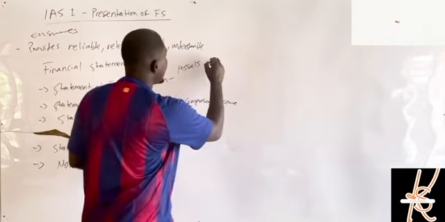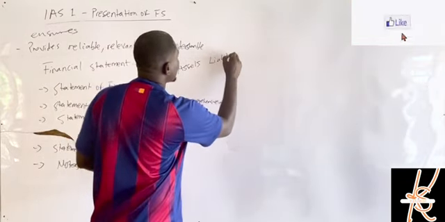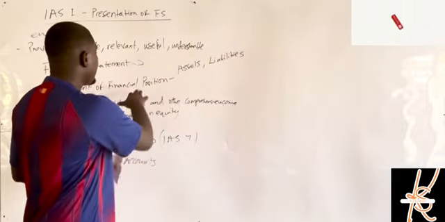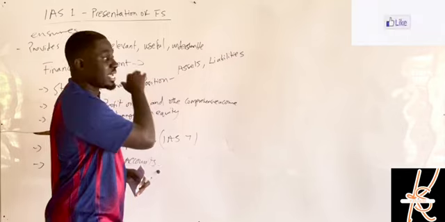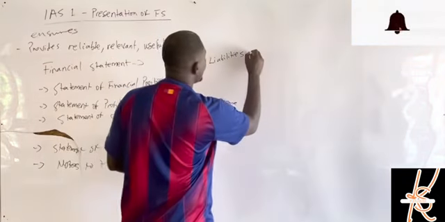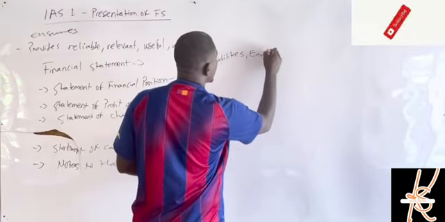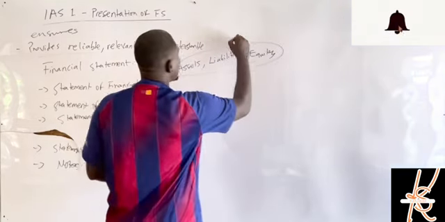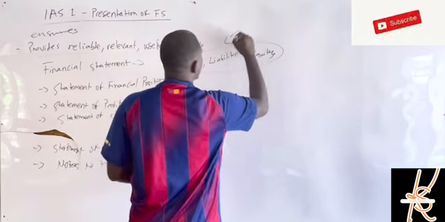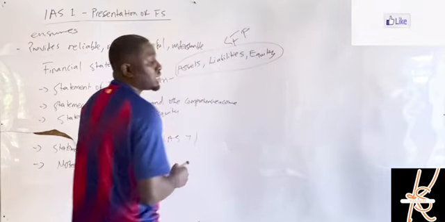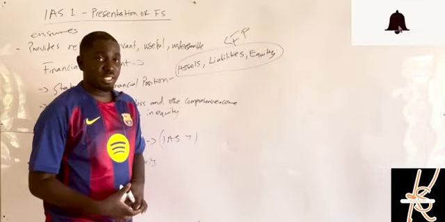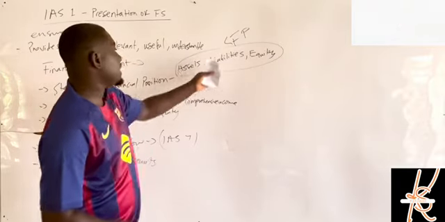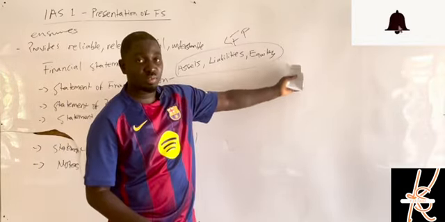You will see liabilities in the statement of financial position. That's where you are going to see liabilities, assets, and then you see equity. So these three, you see them in the statement of financial position, SFP. Do we get it? You see them in the statement of financial position, assets, liabilities, and equity.